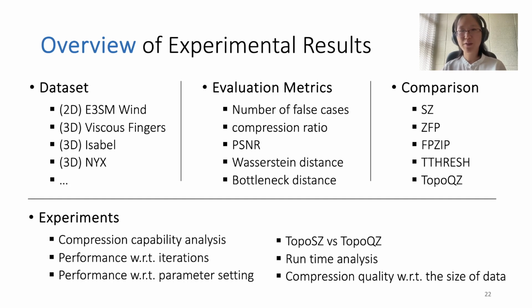Our experiments include compression capability analysis, runtime analysis, compression performance with respect to iterations, parameter settings, and the size of datasets. We've also made a comprehensive comparison between our method and another topology-preserving lossy compressor. Due to time limitations, this talk will not cover all experiments. Please refer to our paper for all experimental results.